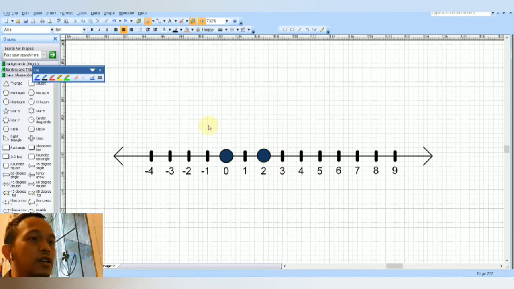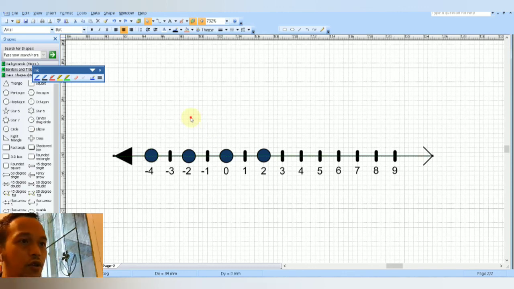Less than 3, even numbers: -2, -4, and continuously go to the left into infinite negative. So I will thicken the arrowhead. See the difference: on the left edge we have a thickened arrowhead compared to the right edge. This shows all even numbers that are less than 3.